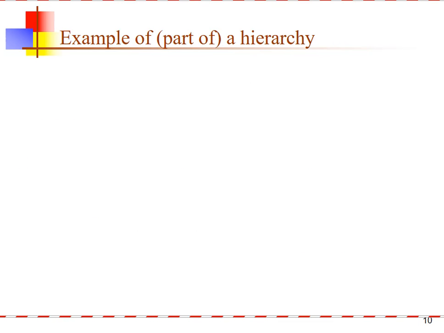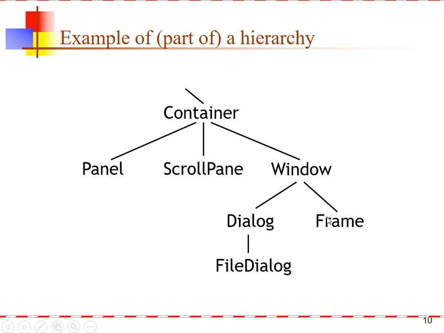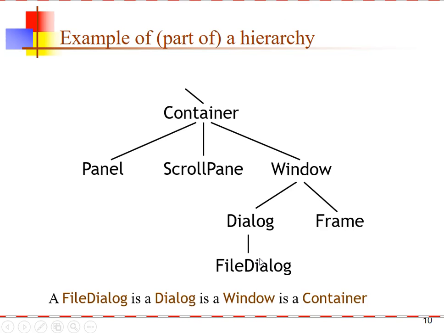The reason I want to glance through this quickly is you're going to see sometimes some hierarchies like this, but you want to use this ISA terminology to determine if something fits. For example, a file dialog is a dialog. A dialog is a window. A window is a container. You can use that phrasing to help you determine whether or not something should be a subclass or not.